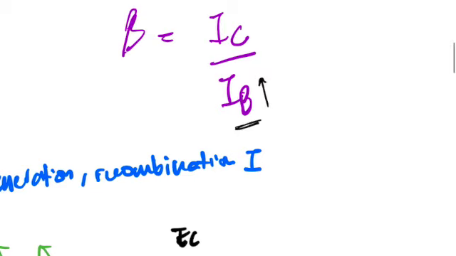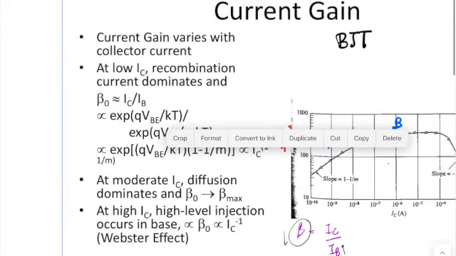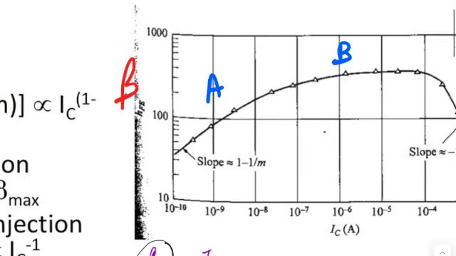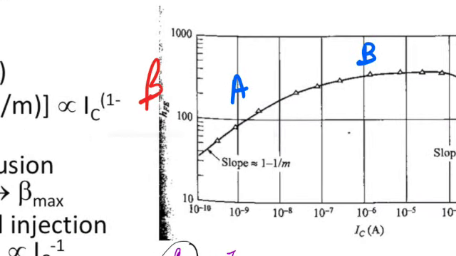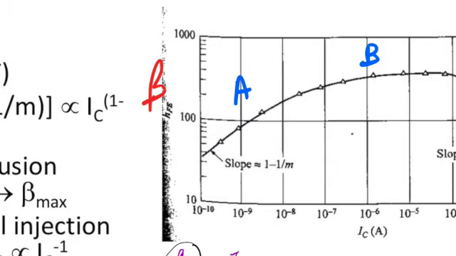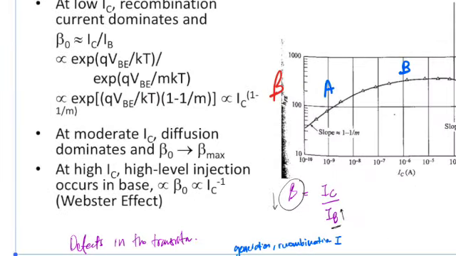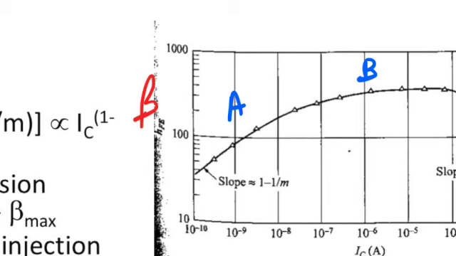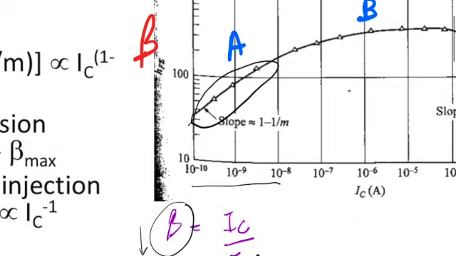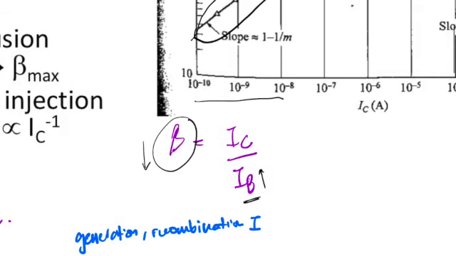When IB is a high value, what happens to the gain? The gain will decrease. That's why at low collector current, the beta is low, because the generation-recombination current dominates due to defects.